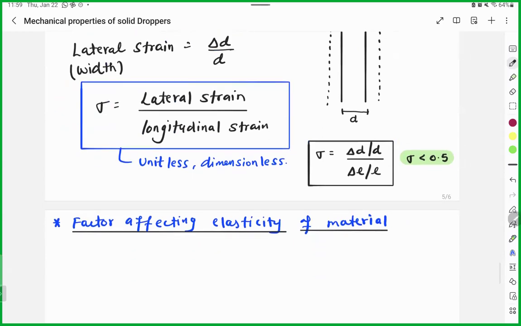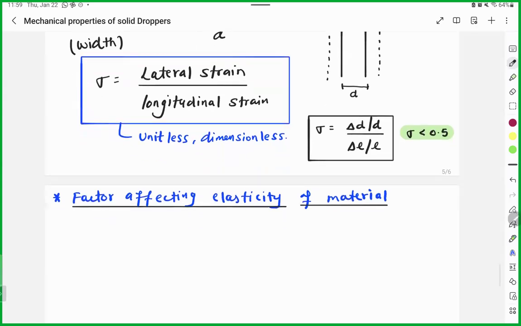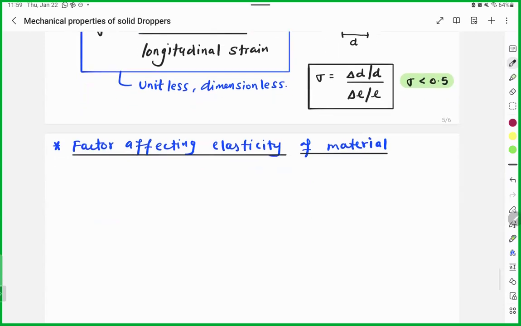Sir, can you explain the lesser than 0.5 part? It is just a number that explains the tendency of the material to become wider, that is, to increase the width. It's always supposed to be lesser than 0.5. Yes. Okay, sir. So this number is very, very less, so you can't imagine that there will be too much increase in the width. That's what we are trying to convey. Correct.